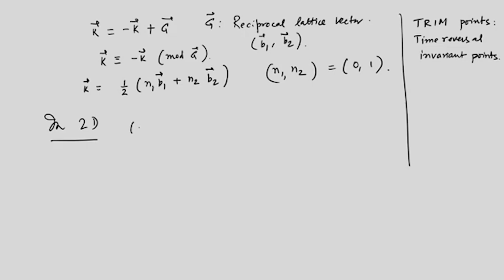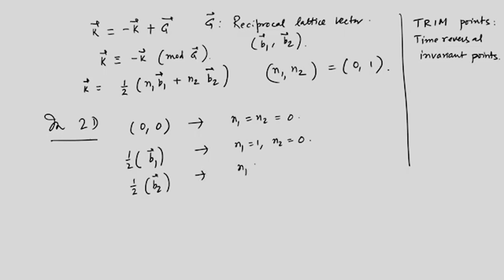So these TRIM points would be 0, corresponding to n1 equal to n2 equal to 0, or half of b1, which corresponds to n1 equal to 1, n2 equal to 0, or half of b2, which is n1 equal to 0 and n2 equal to 1, or half of b1 plus b2, so n1 equal to 1 and n2 equal to 1.